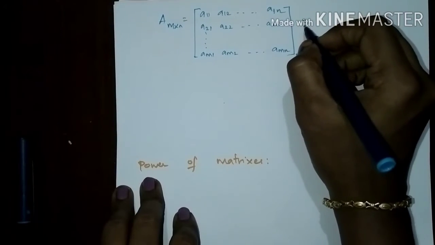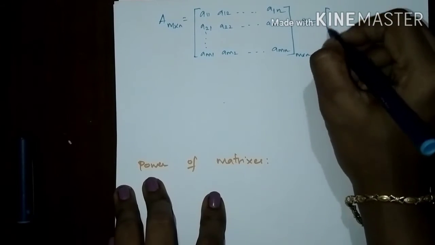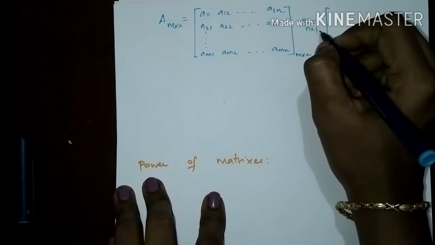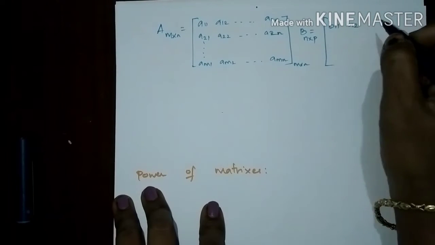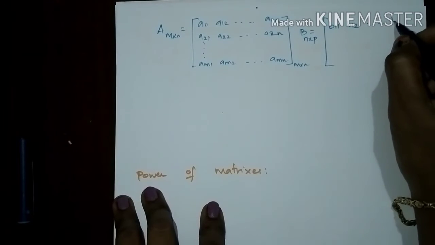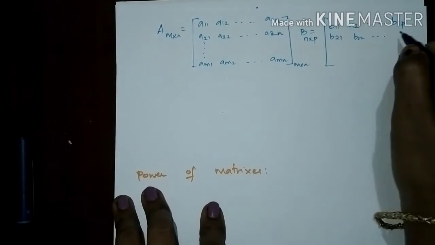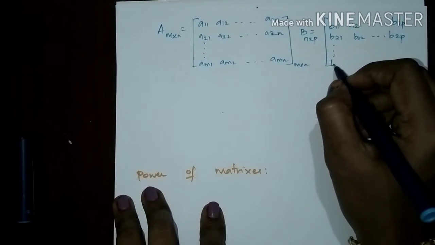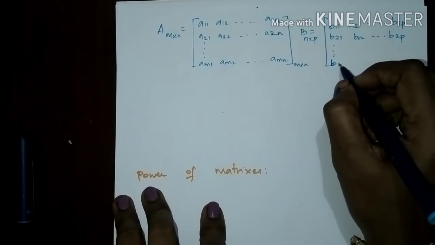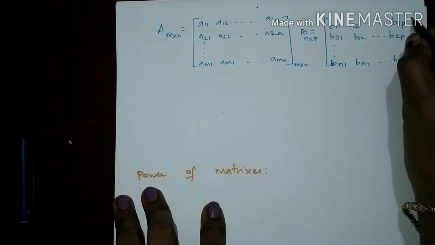Right? Now we can represent another matrix B with an order of n cross p. Each element would be b11, b12, and the last element would be b1p, and b21, b22, and the last element would be b2p. The corresponding last row is bn1, bn2, up to bnp.